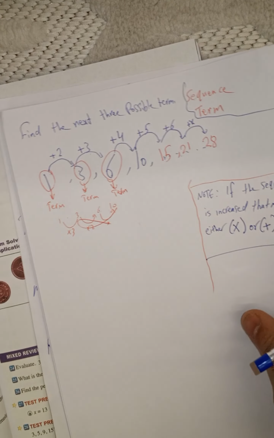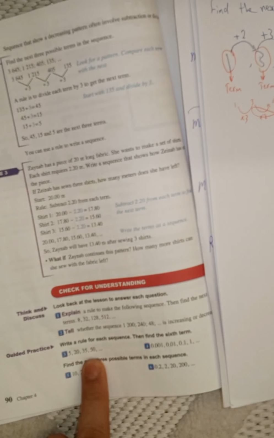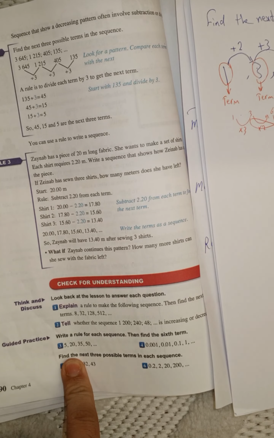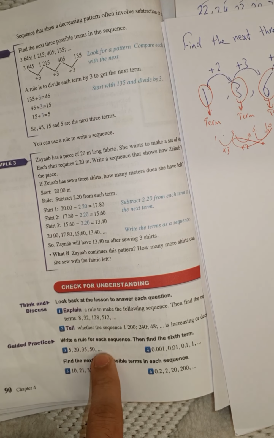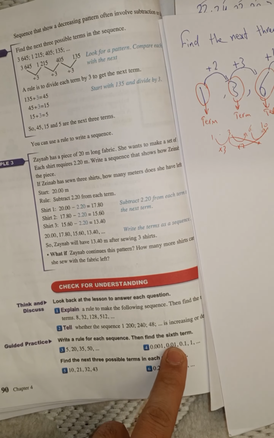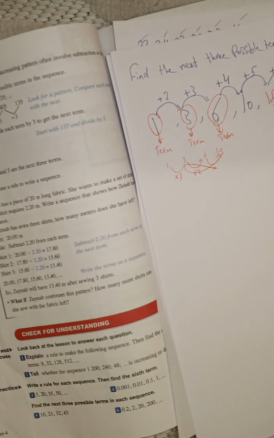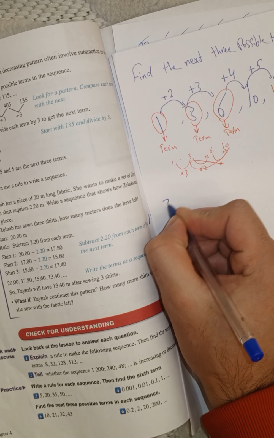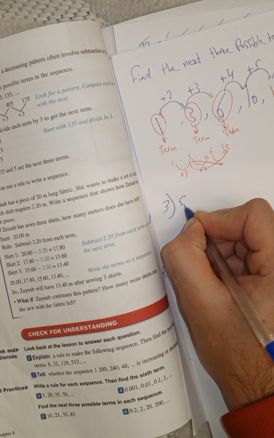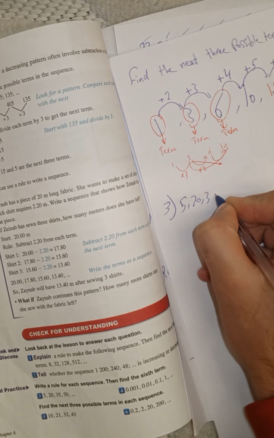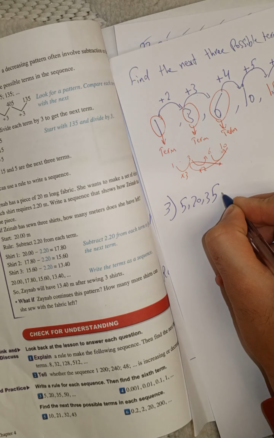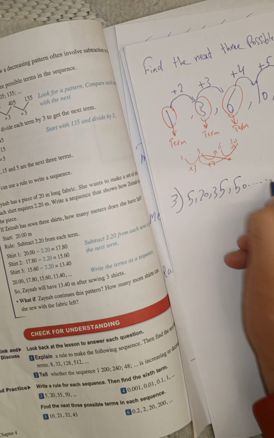Okay, so another example. Let's say question 3. Question 3 says write a rule for each sequence, then find the sixth term. So let me write it. Question 3: the numbers are 5, 20, 35, 50 and so on.